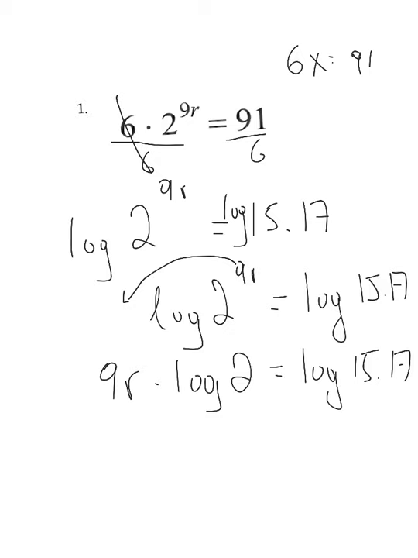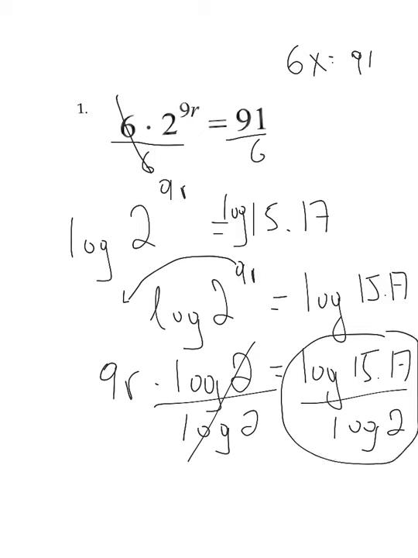Now, how do you get 9r by itself? First you divide both sides by log 2. If you put this in a calculator, take your time and do it, you have 9r is equal to log 15.17 divided by log 2. Let me check my work. Log 15.17 divided by log 2, I get 3.923.